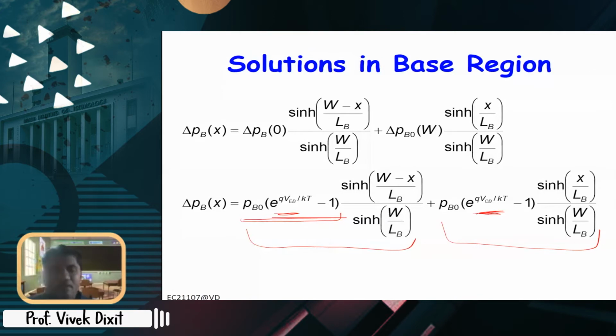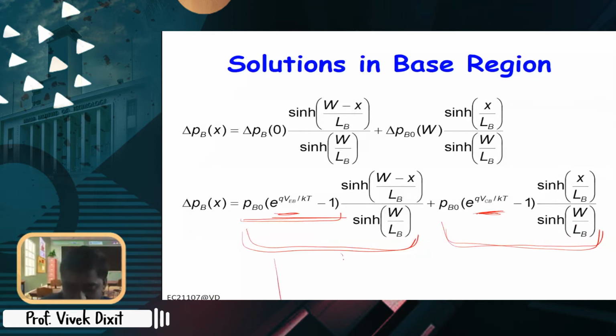Is it okay? Can you relate with these expressions? You can consider a special case. If VCB is 0, you will only have the first term. If VBE is 0, then you only have the second term.